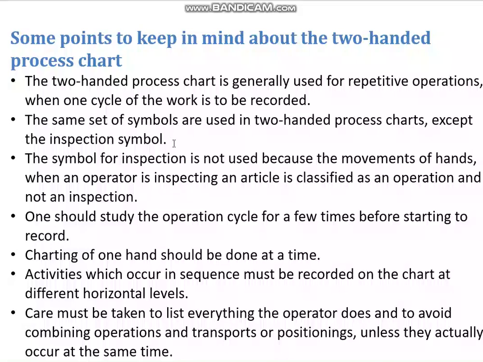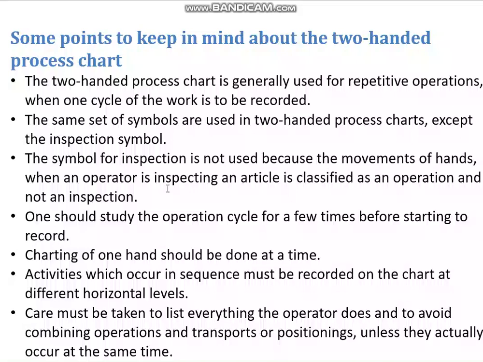But there is a reason why we don't use the inspection symbol in the two-hand process chart. The reason is given in this paragraph. In the two-hand process chart, what are we doing? We are recording the activities of the two hands. So inspection is not used. Why?